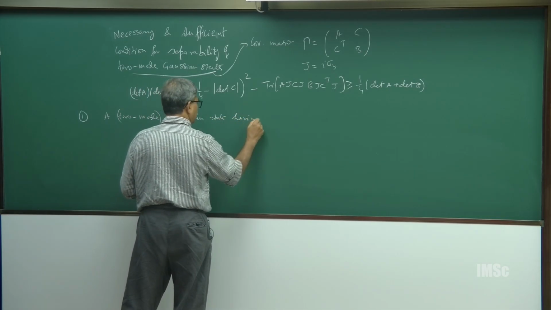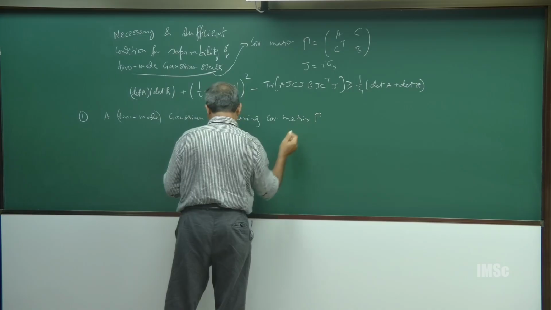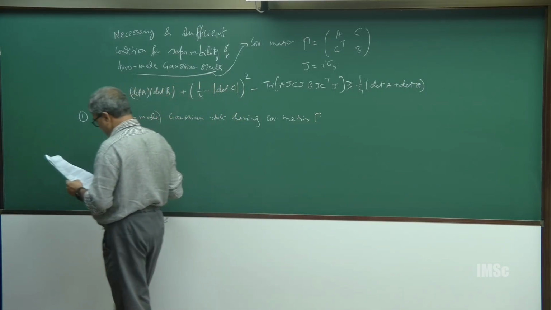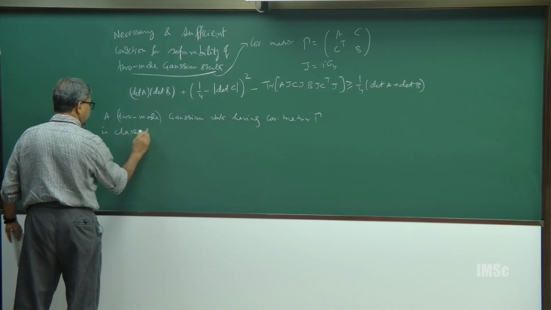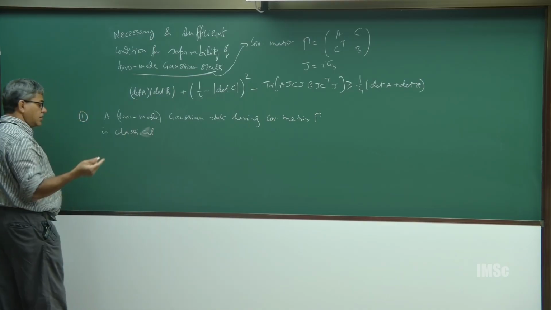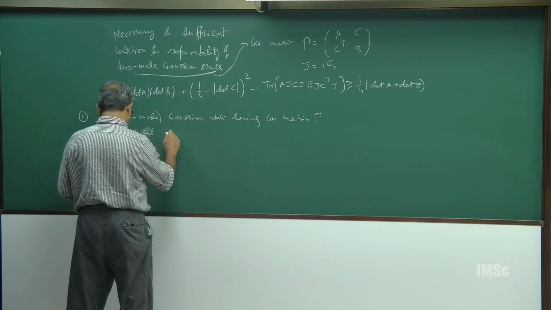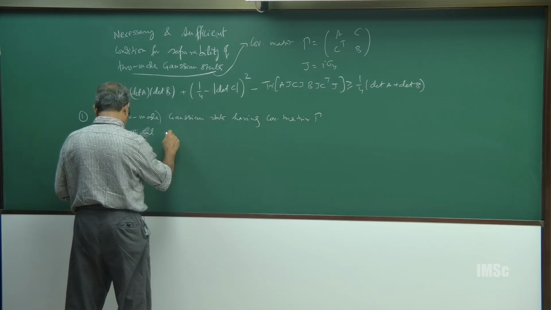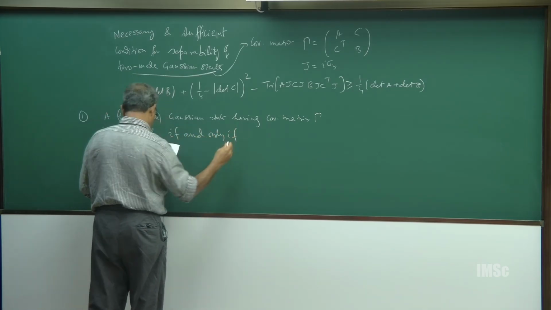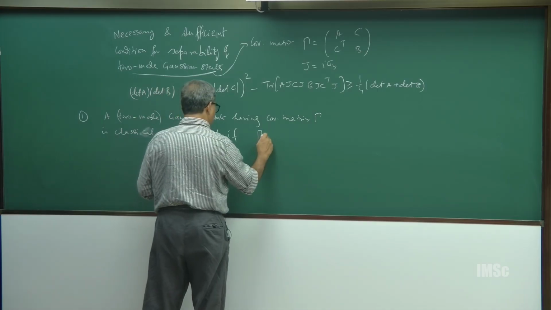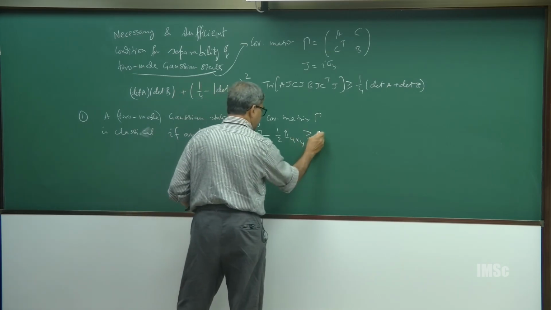having covariance matrix gamma is classical in the quantum optical sense if and only if gamma minus half identity, 4 cross 4, is greater than or equal to 0.